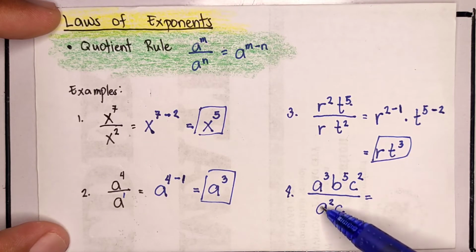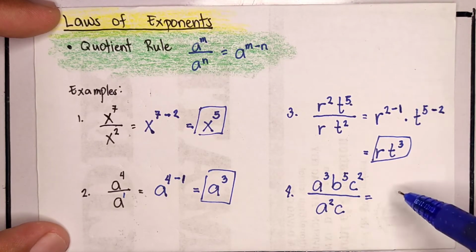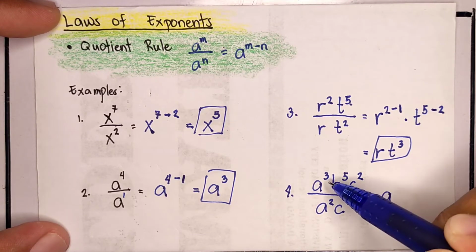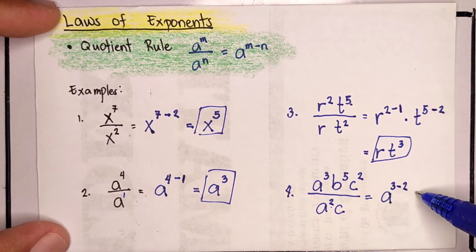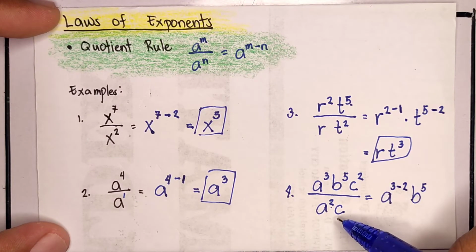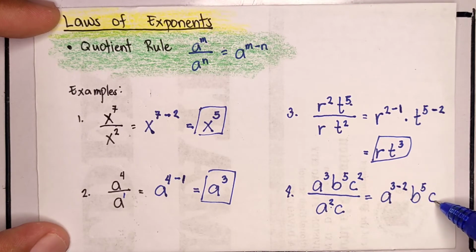Again, the law of exponents is to copy our base, the same a. Then 3 minus, we have here 2. Next is b. The exponent is 5, but we don't have a b in the denominator, therefore it stays as is. Next is c.